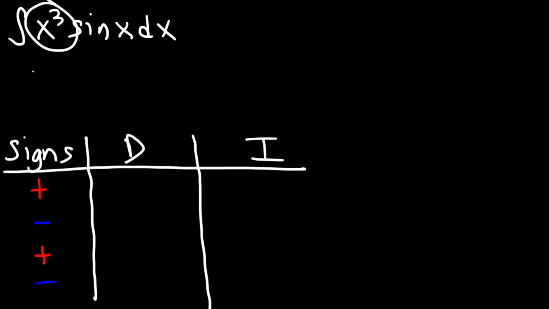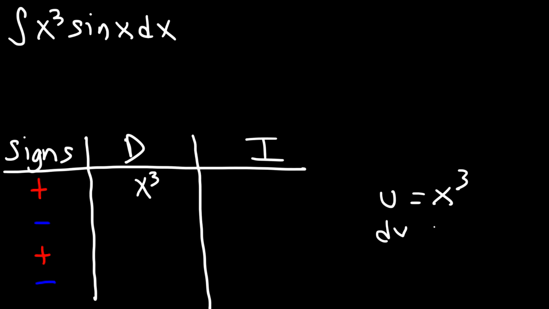So we can differentiate x cubed down to 0. So we want to make u equal to x cubed. We can write that on the side. U is going to be equal to x cubed. dv is going to be equal to sine x dx. So u prime is going to be the derivative of x cubed, which is 3x squared.